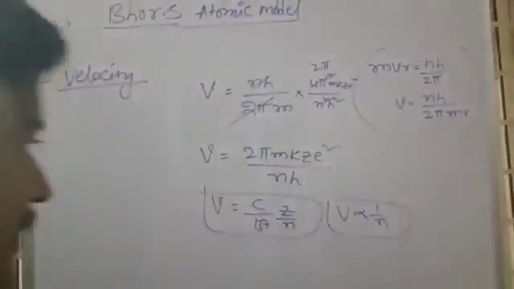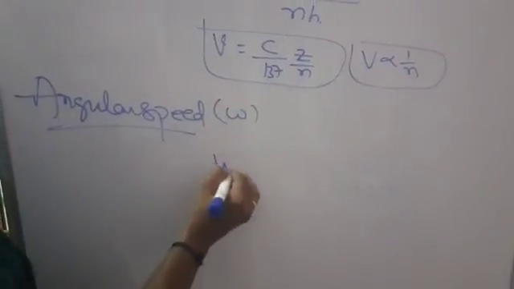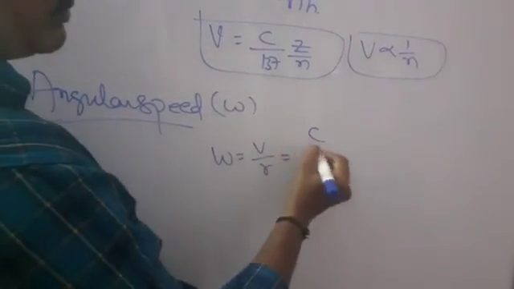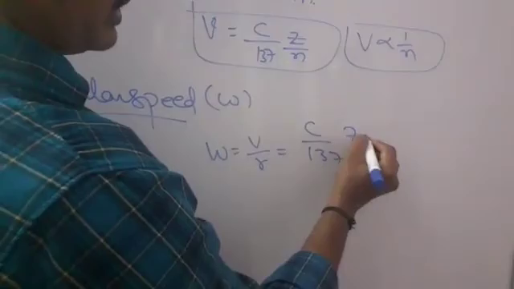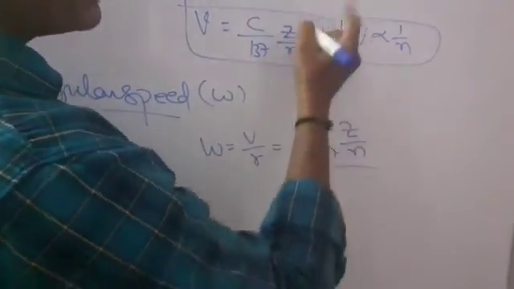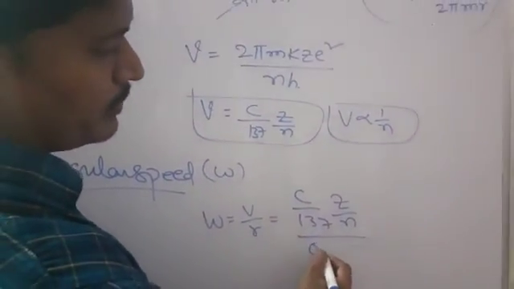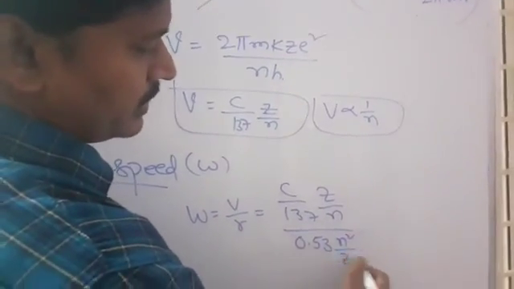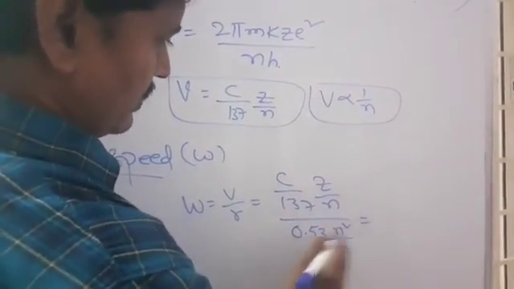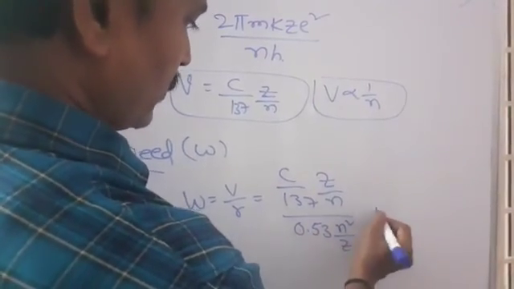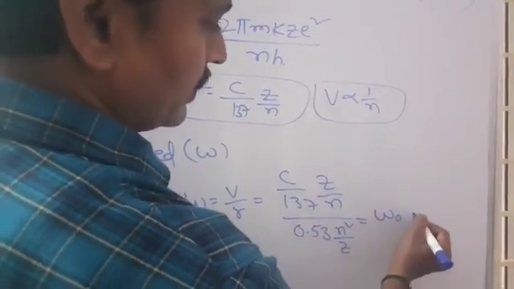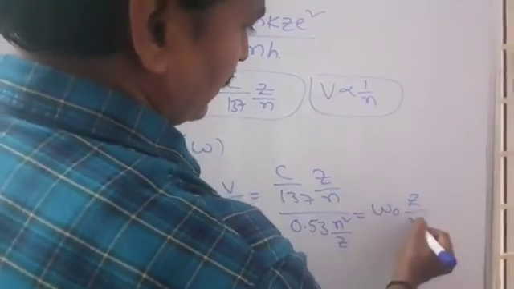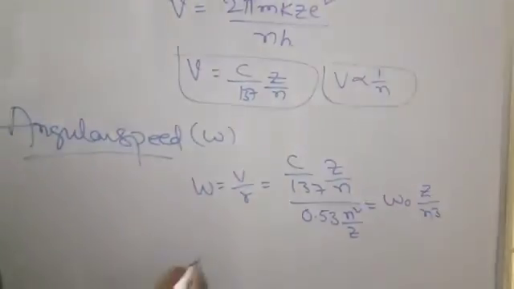Next, omega is equal to v by r. Here it is c by 137 Z by n divided by the radius 0.53 n squared by Z. Therefore omega is omega naught into Z squared by n cubed.